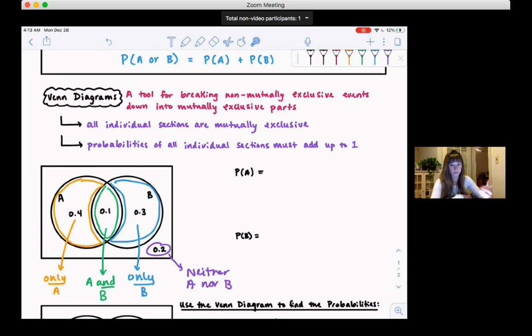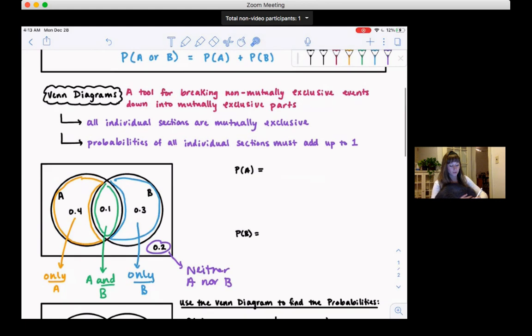Mutually exclusive means they can't happen at the same time. If we're in the yellow section, we can't have only A and only B happening, right? The yellow and the blue can't happen at the same time. We can't have only B and both A and B either. Those are mutually exclusive.